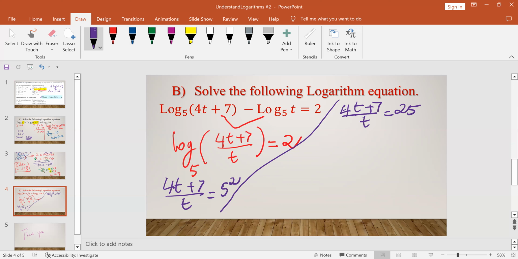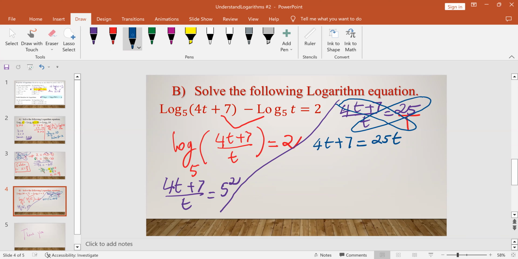So 5 squared is 25. So again, we're going to cross multiply here. So we take this together equals this. So 40 plus 7 times 1 is 40 plus 7 is equal to t times 25, which is 25t.